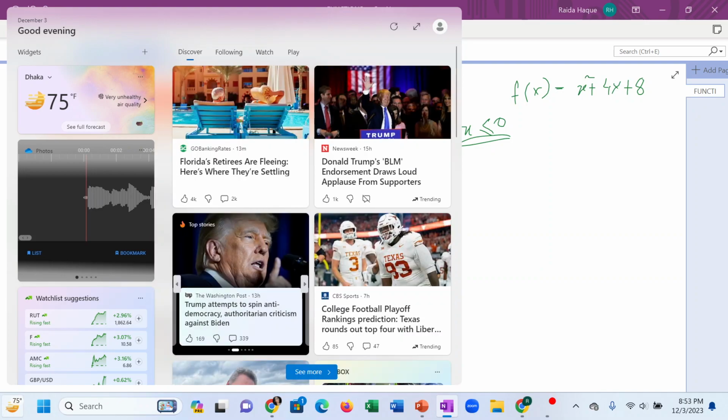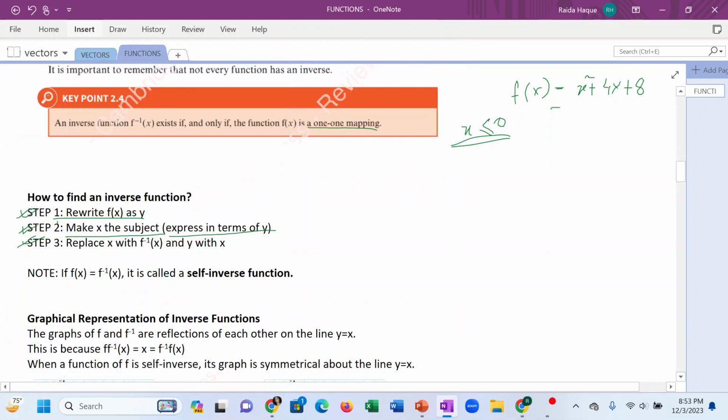Before we find that inverse, again we do this completing the square, and from the completing the square of last time we had gotten (x plus 2) whole squared plus 4.